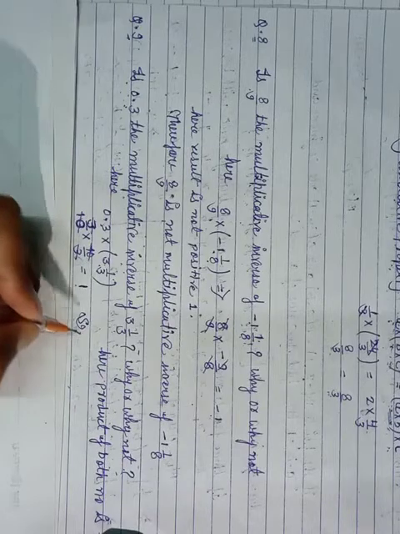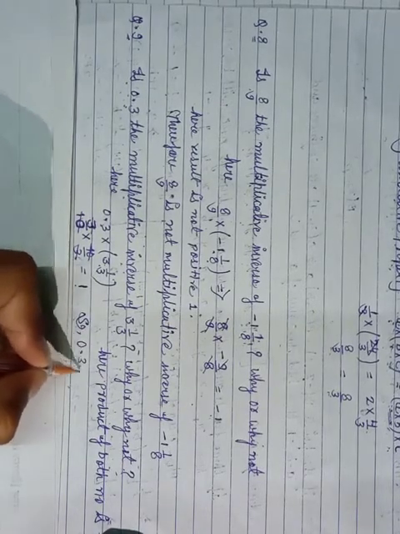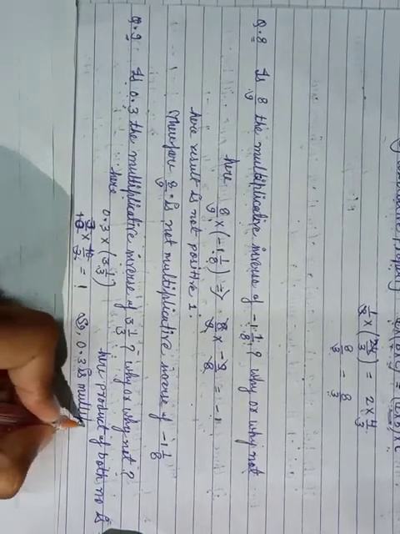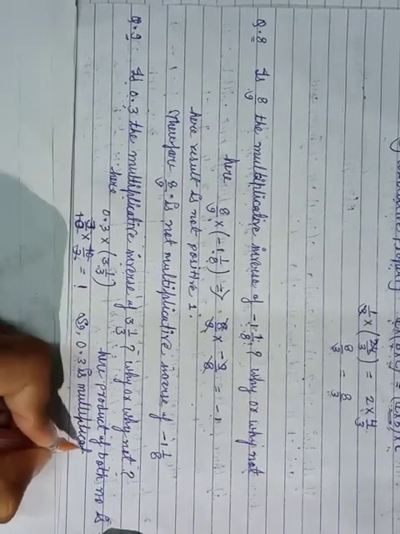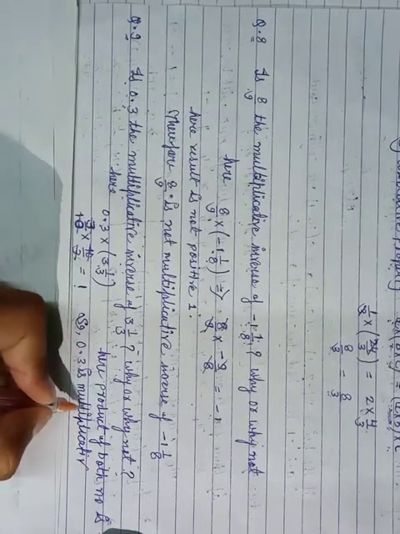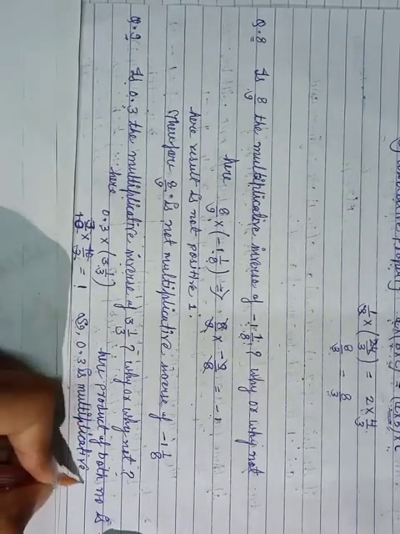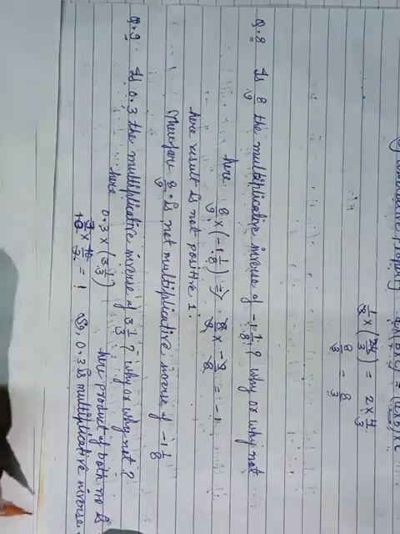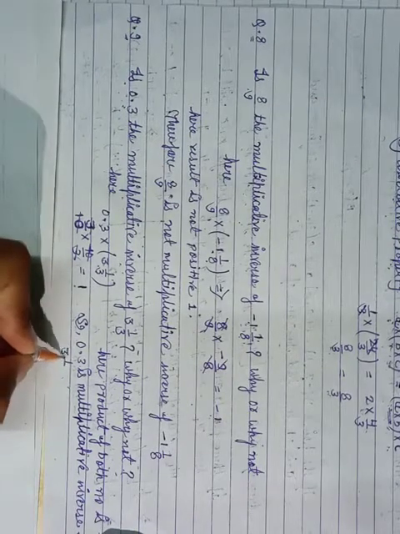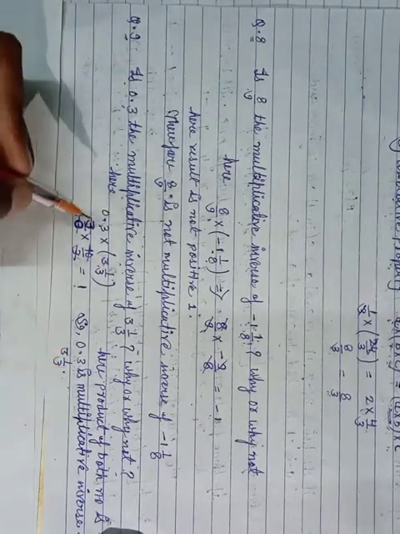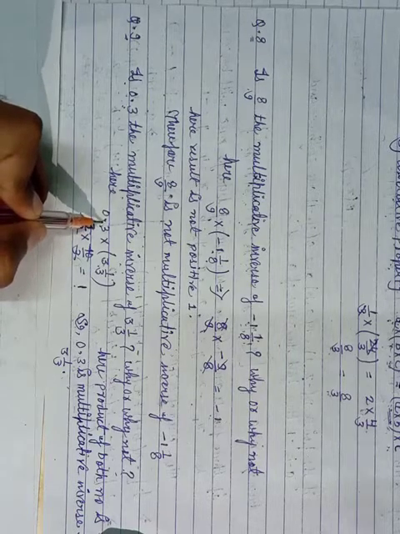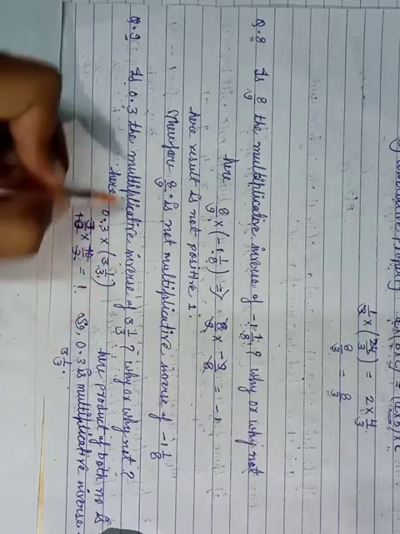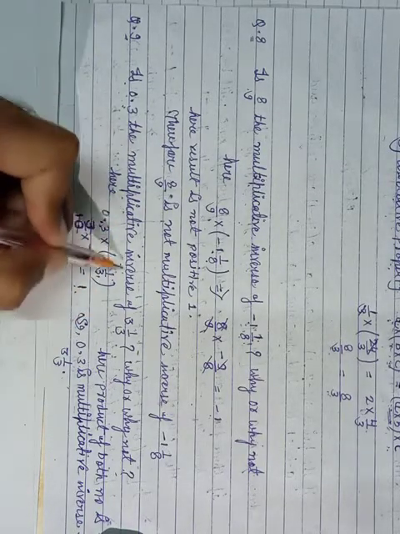So 0.3 is the multiplicative inverse of 3 whole 1/3, because you can see here when we multiply 0.3 by the given number we got positive 1, so it satisfies the property of multiplicative inverse.